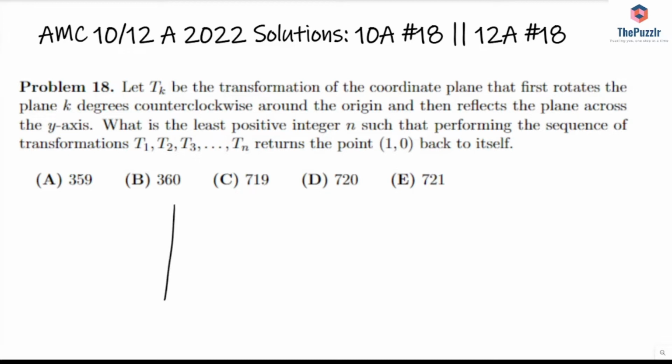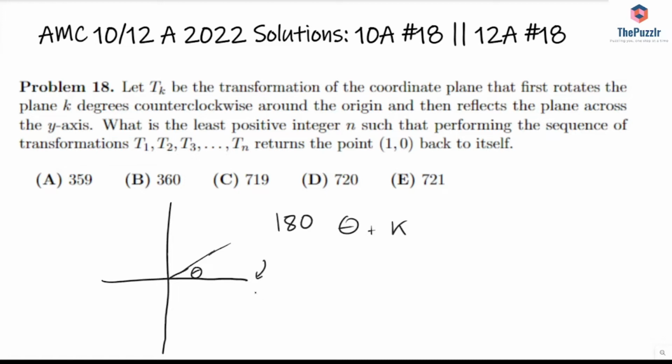So to set up a system so that we're consistent when solving this problem, let's say the point is at an angle theta. We're going to measure this from the positive y-axis, rotating counterclockwise. What does T_k do to this? First we add k degrees, so theta plus k, and then we flip it over the y-axis, which is the same thing as subtracting this from 180 degrees.